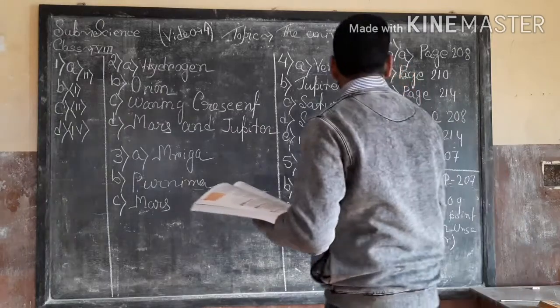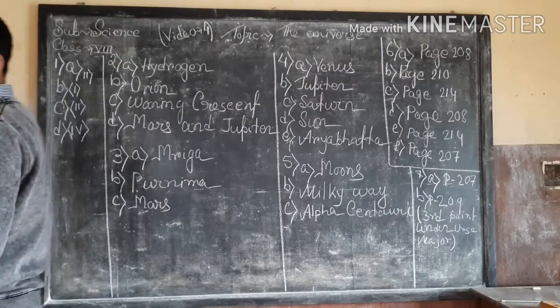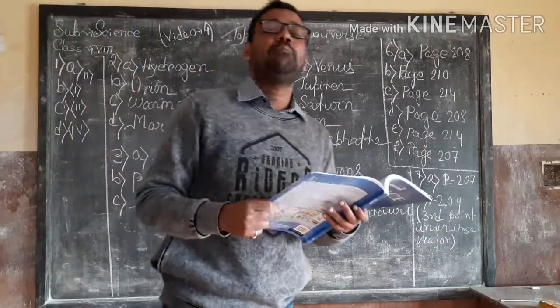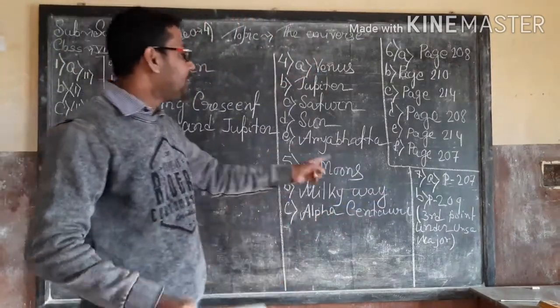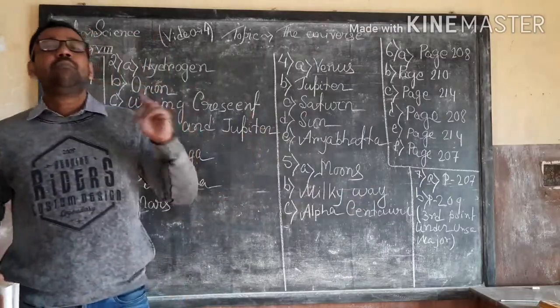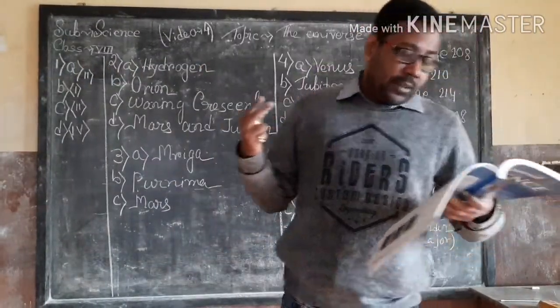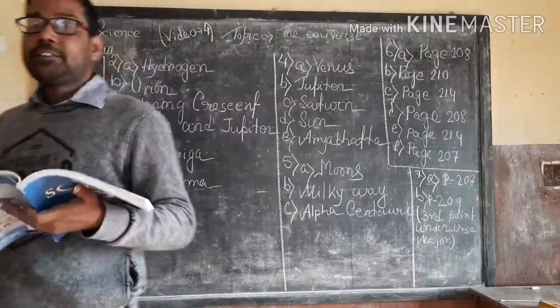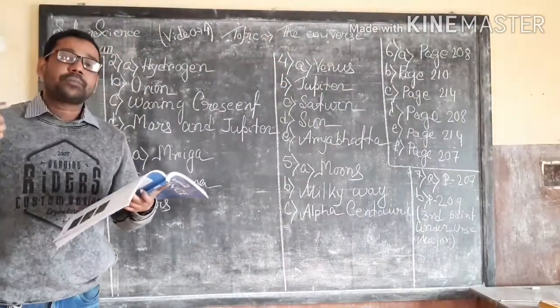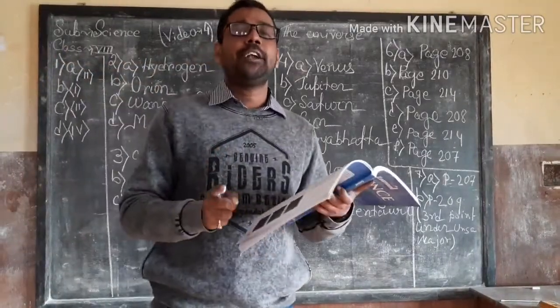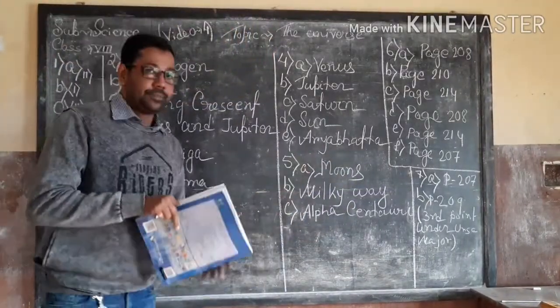For the question number 7B, how can you locate the pole star with the help of Ursa Major? For the answer, we consider only the third bullet. Among the 3 points under Ursa Major, consider only the third point for this answer.